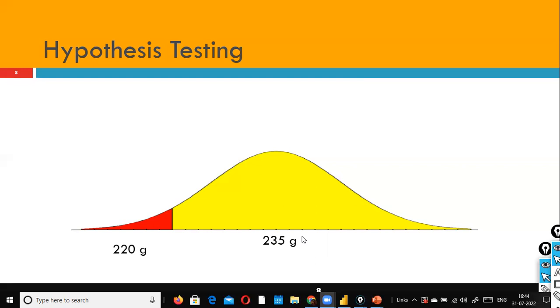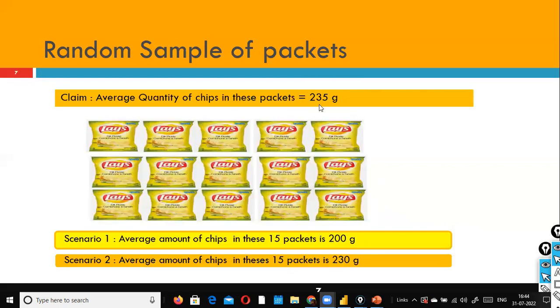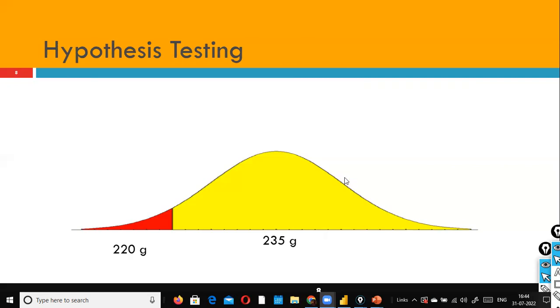Fine. Supposing I get 220 gram after I do the test with my sample, the average is 220 gram. So is that okay? 230 gram is somewhat close by. 220 gram, it depends on the company policies.